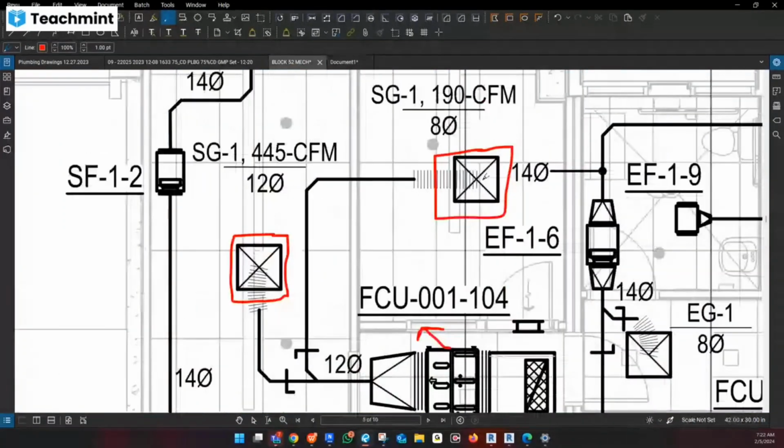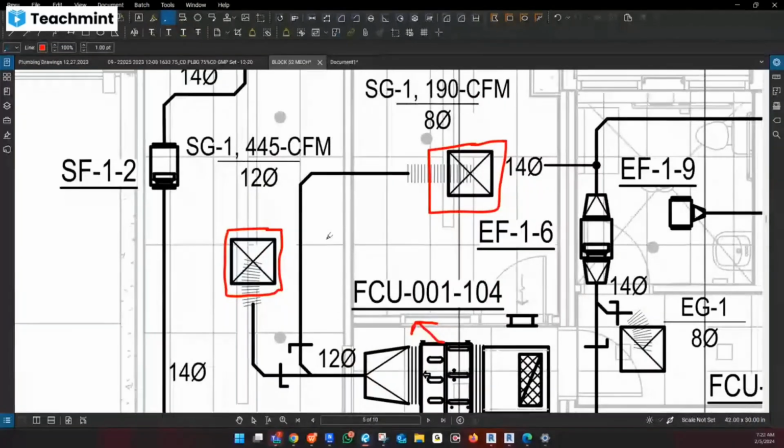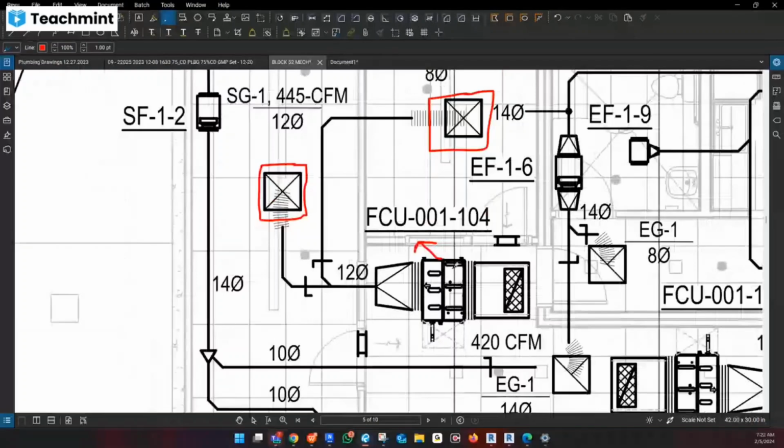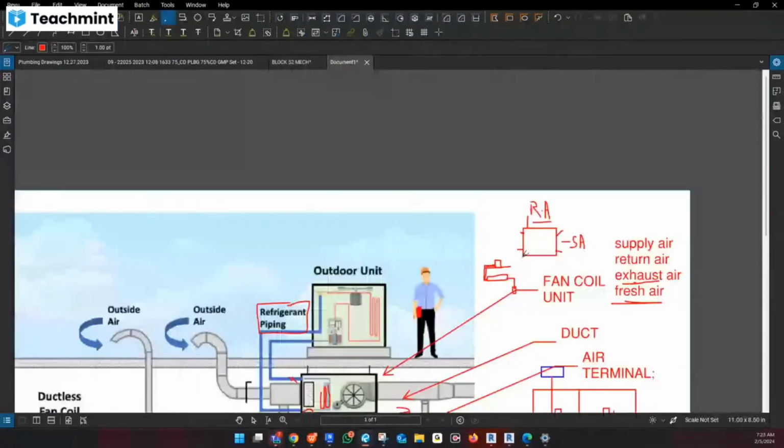If you talk about these two systems, this is called a supply system, because this is the machine, right? We have one outlet, two outlet. The same thing we have discussed over here. For FCU or AHU, the duct system is always of two types, return and supply.